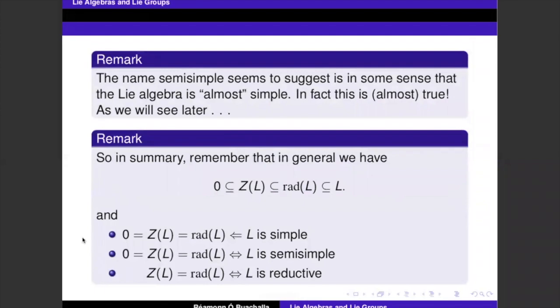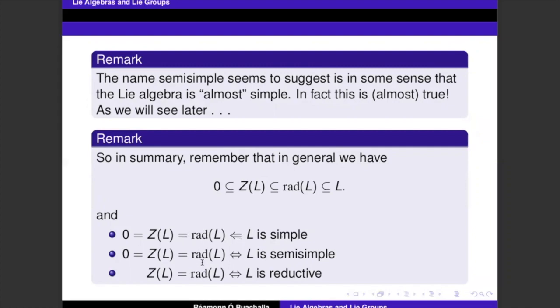One thing you might see is that semi-simple seems to suggest that the Lie algebra is almost simple. It's not clear so far how much of a generalization semi-simplicity is, or how these things really relate, because we've just got this inclusion here.